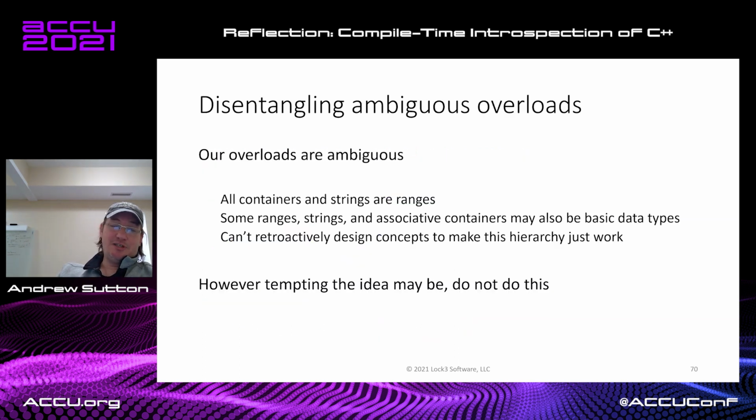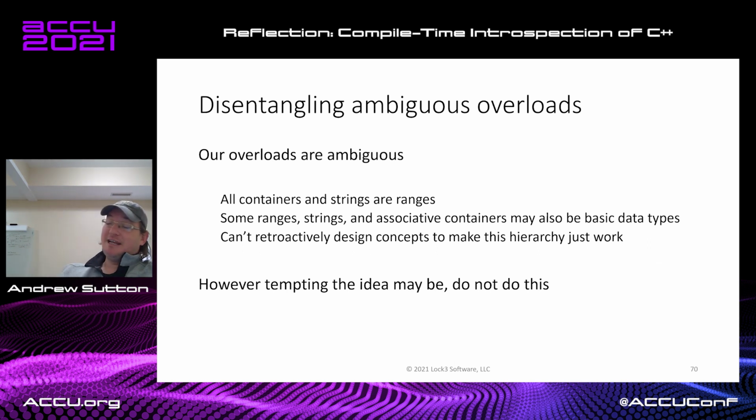The problem with these basic data types is that it partitions the set of ranges. Everything else is a range, so we're just going to partition the set. Some ranges are going to end up looking like basic data types. Possibly some strings are going to end up looking like basic data types. I think it's unlikely that an associative container would look like one, but it's possible, right?